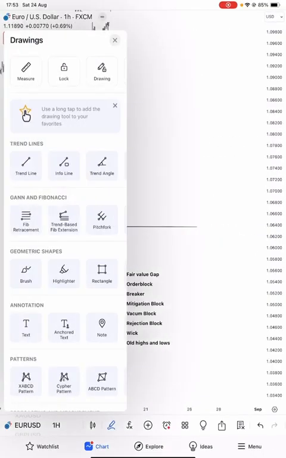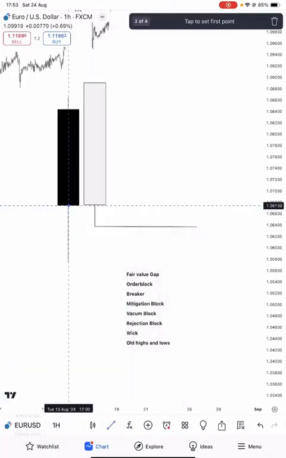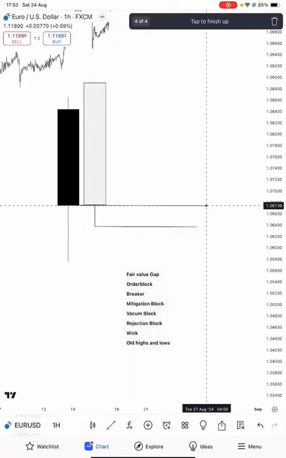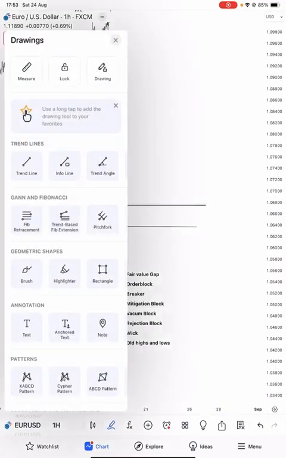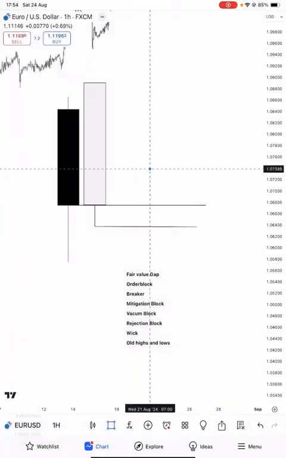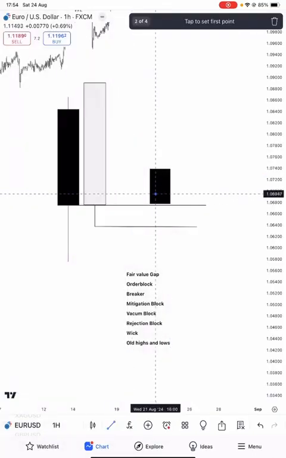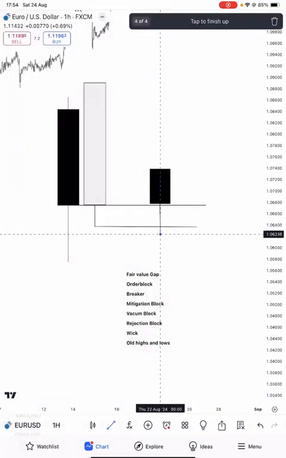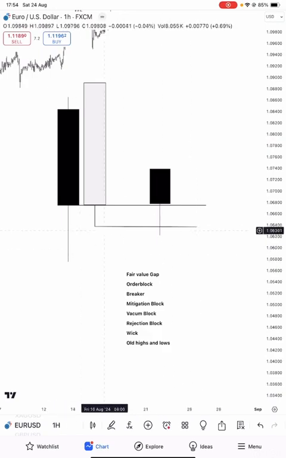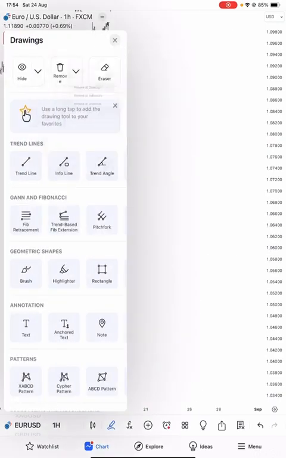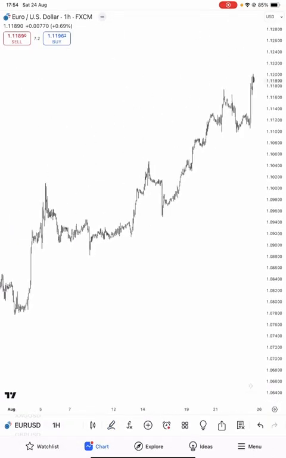This lower time frame liquidity pool will get taken, and the body with a wick maybe. So this is a key level, and potentially the body will close above the rejection block, while the wick will take this lower time frame liquidity pool.